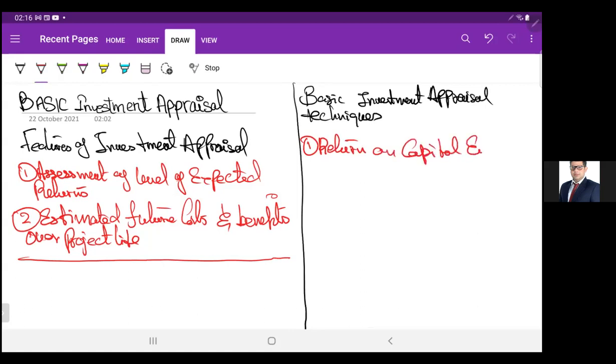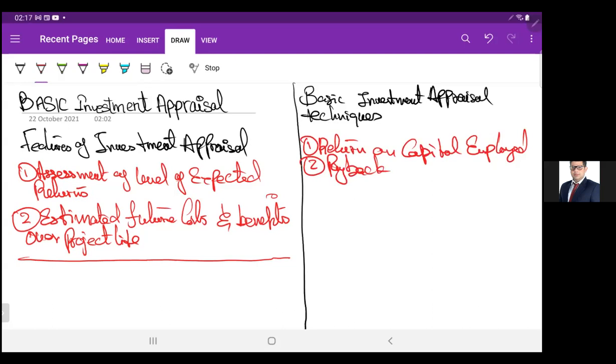Number two, the payback technique. The more sophisticated methods of investment appraisal will be detailed in our upcoming lessons.